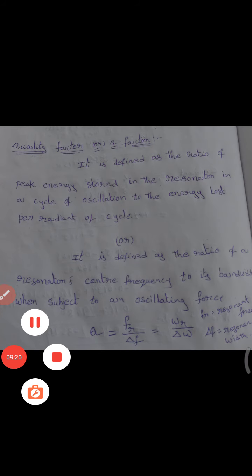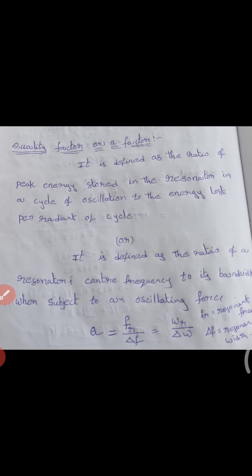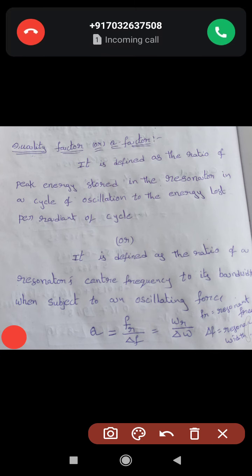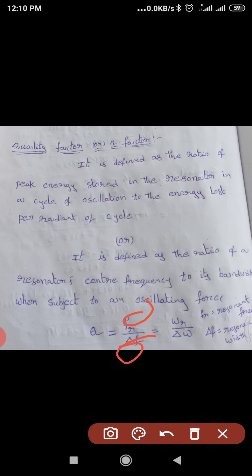So let us see the next, bandwidth. What is the bandwidth? Bandwidth is the difference between the upper frequency and lower frequency in a continuous band of frequency. It is measured in hertz. Previously, if you see this quality factor, there are no units for the quality factor. Why? Because this is frequency, this is also frequency.